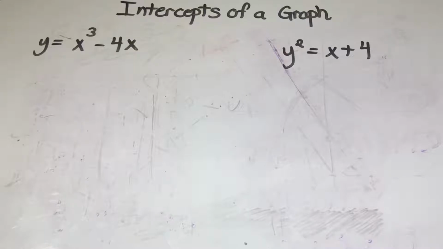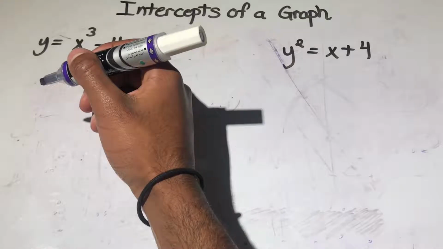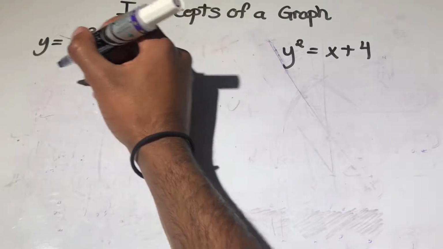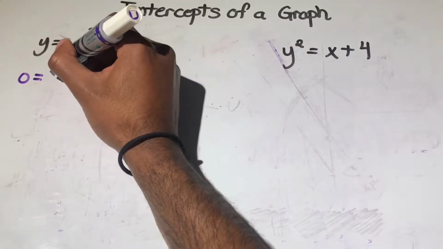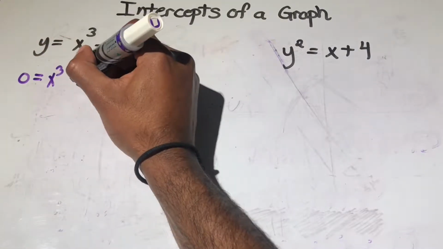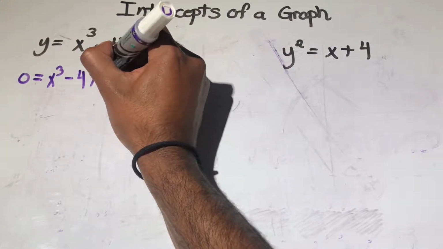Here we have y equals x cubed minus 4x. To determine the x-intercepts, we have to let, as we said, y be equal to 0. So, 0 is equal to x cubed minus 4x.